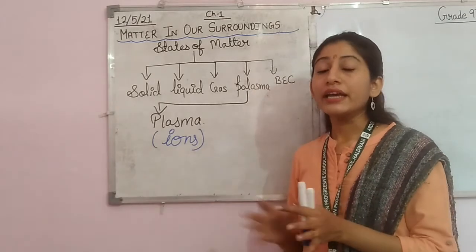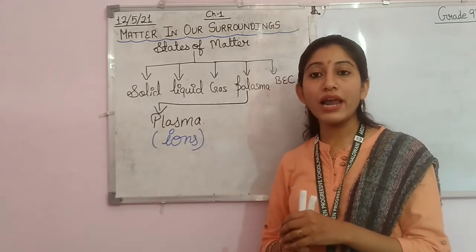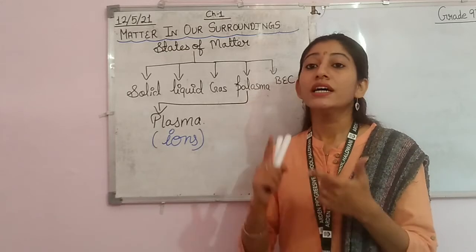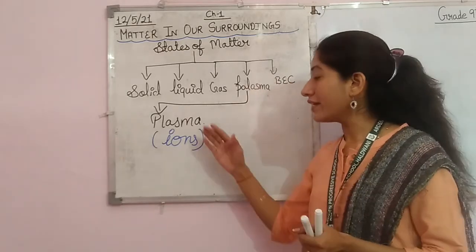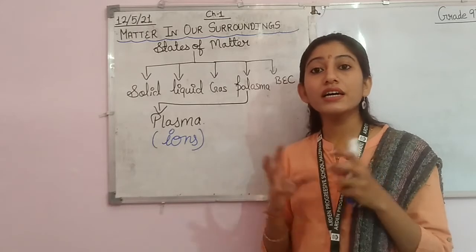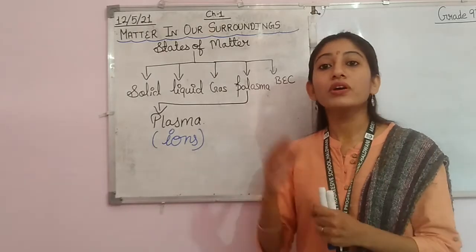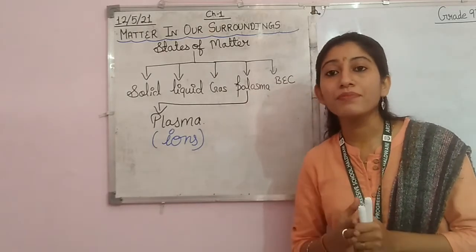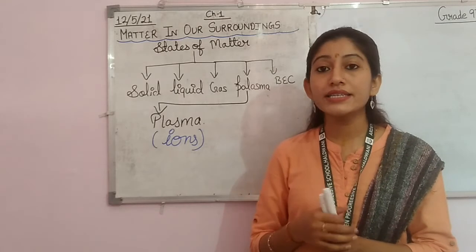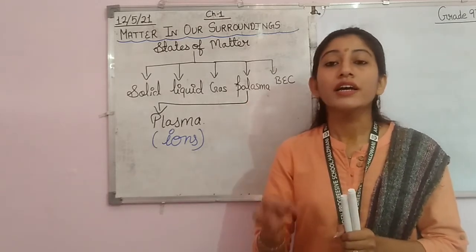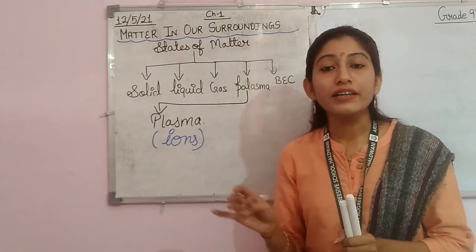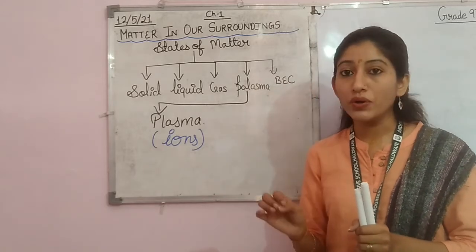I hope you all have seen CFC bulbs, tube lights, LEDs. They give us colorful light. How? Because they are filled with different types of gases, like inert gases such as neon and argon, and these gases have color. Neon has red color, argon has green or yellow color.